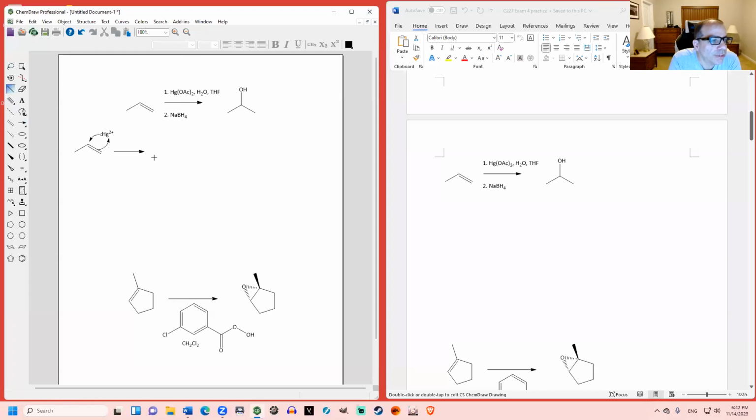This really looks very much like the halogenation reaction. That forms our cyclic mercurinium ion. We then have water attacking again at the more substituted carbon.